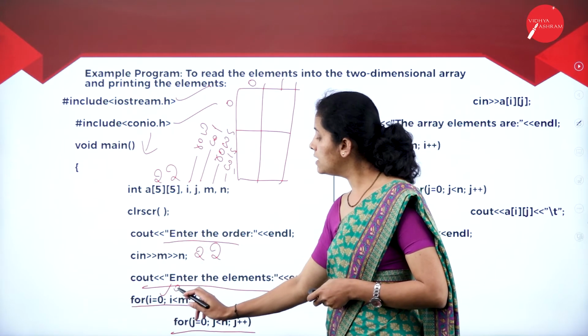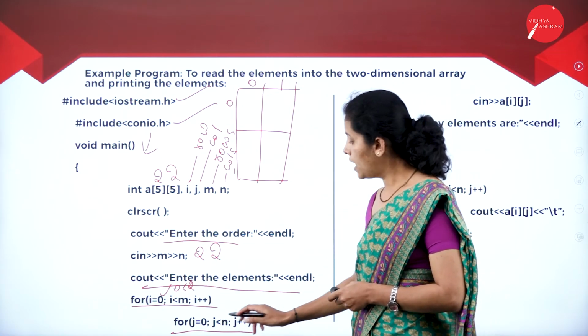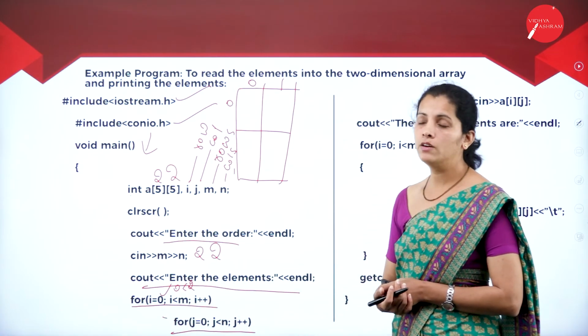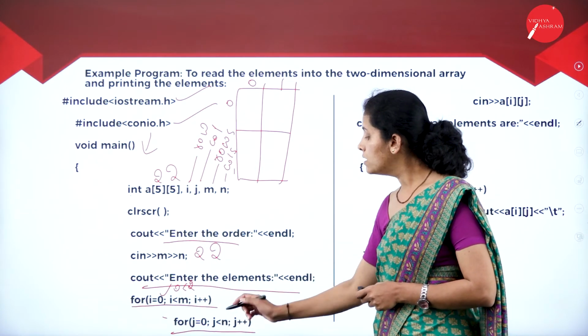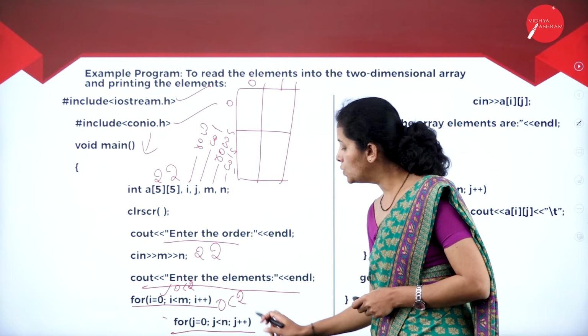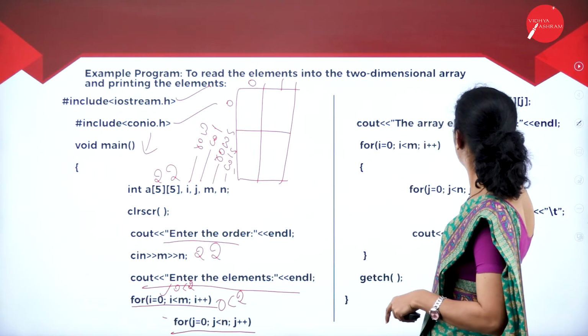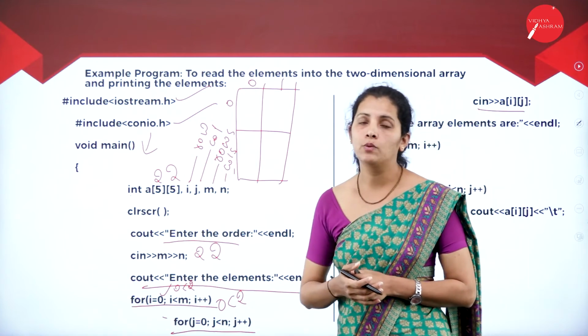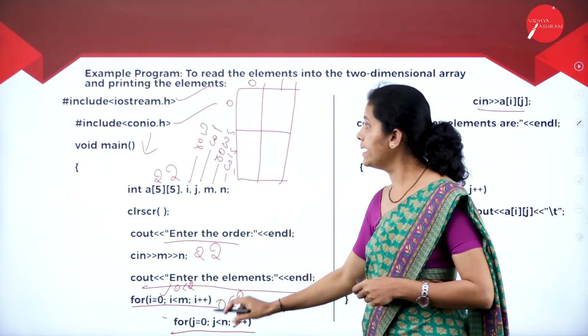So 0 less than 2, it is true. Now I'm going to enter the inner for loop. What is j? j is 0. 0 less than 2, it is true. So what do I want to do? I want to read the value and store that value in the place of 0 and 0.